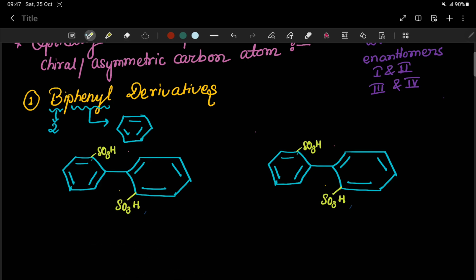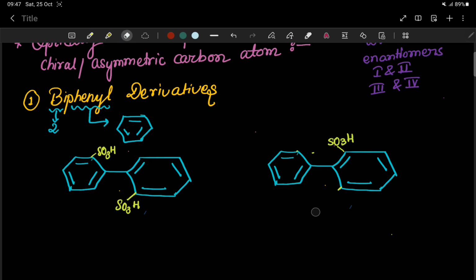So this sulfonic group will change, and how will it change? See, SO3H, this is the sulfonic group. If it had a mirror image, it would just be converted over here. This is our enantiomer, and SO3H. Fine, this is our mirror image.